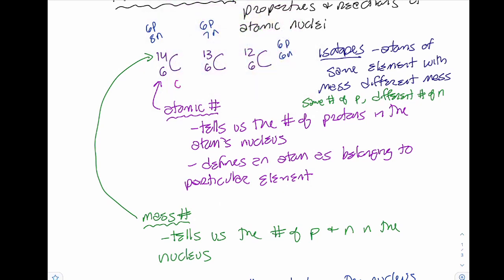So all 3 of these are going to have 6 electrons. They have 6 positive charges, since protons have a positive charge, so if they're uncharged, they have the same number of electrons. So if we're talking about reactions involving electrons, they have the same numbers, so they're going to behave similarly. If we're talking about reactions involving the nucleus, they're different, so they're going to behave differently.